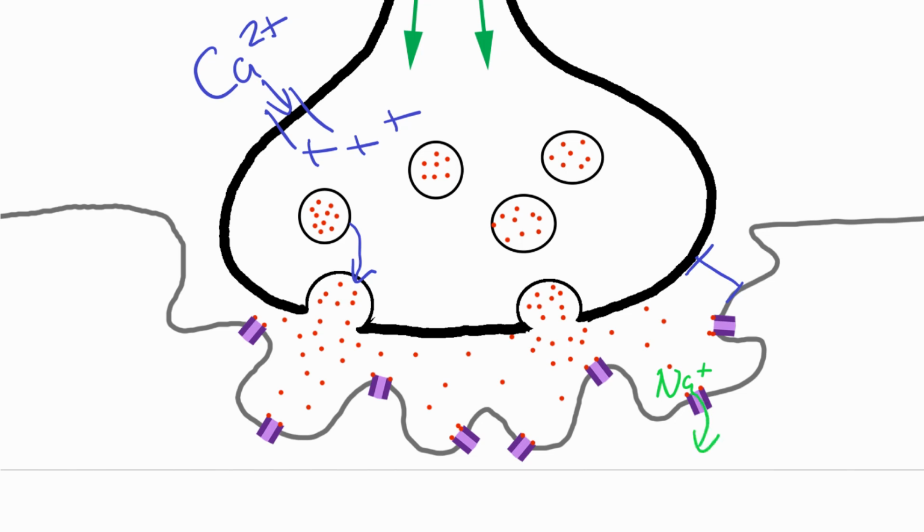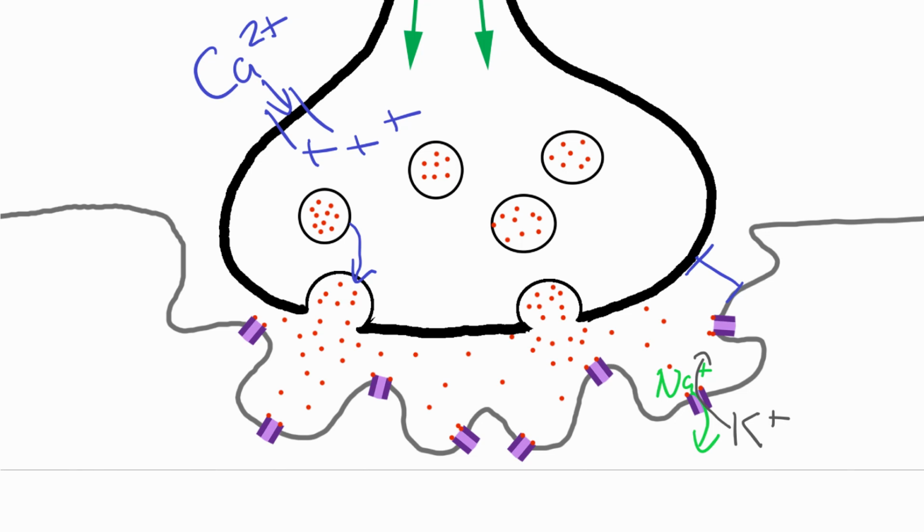So this is going to allow for sodium to enter into the muscle cell. But at the same exact time, it's going to allow potassium, which is found inside the membrane, to exit out. So we'll have both sodium and potassium traveling through these chemically gated channels.